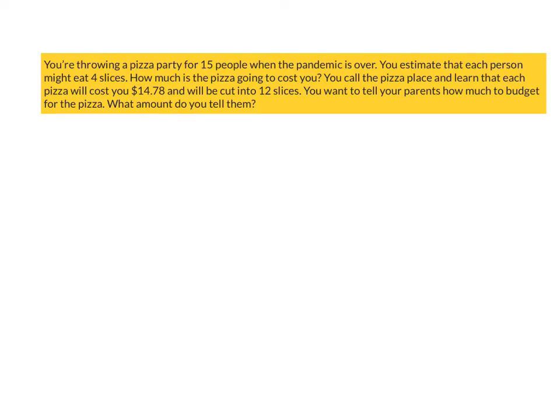I always say that step 1 is to start with something that you've been given. And there's a couple different ways that I could start with what's been given, but I'm going to start with the cost for one pizza and then try to turn that into cost per party. So I know, or I have been given, $14.78, and again, that's dollars.